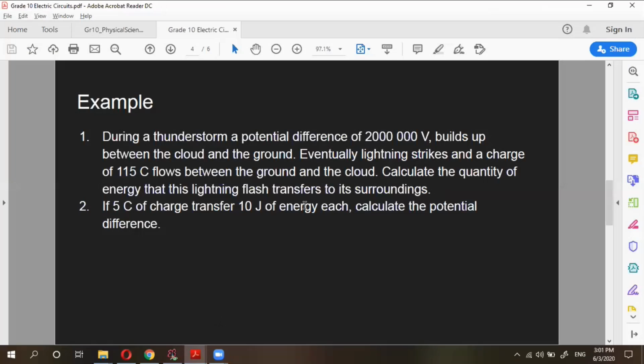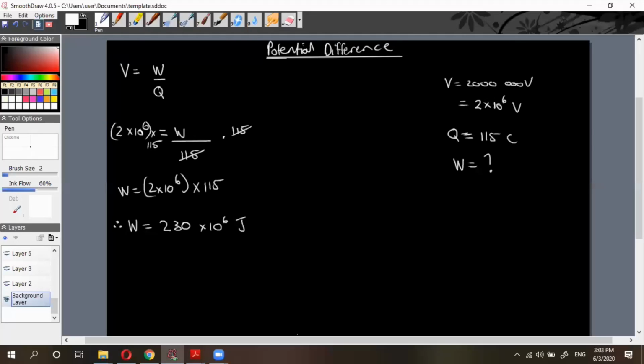That was question 1. Let's have a look at question 2. Slightly different. Question 2 says, if 5 coulombs of charge transfers 10 joules of energy each, calculate the potential difference. They said the charge was 5 coulombs, that 10 joules of energy.